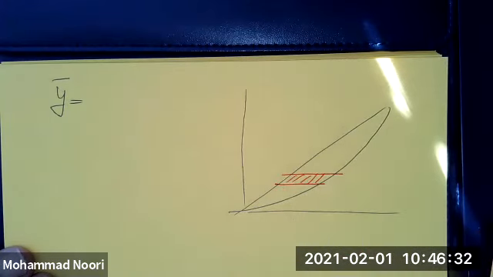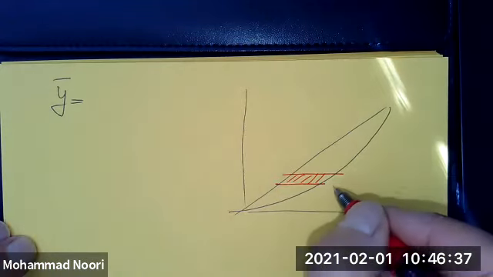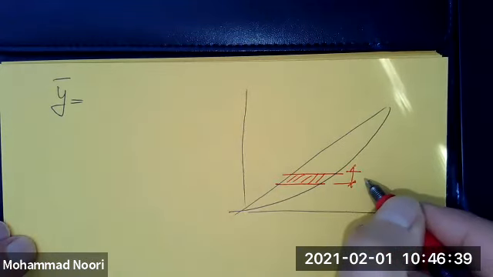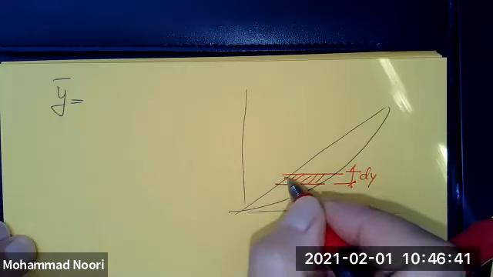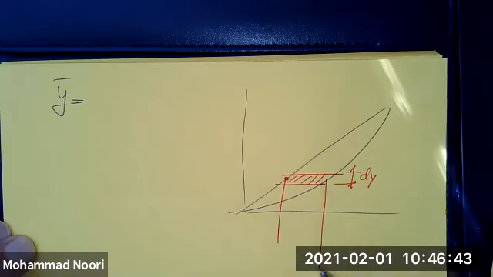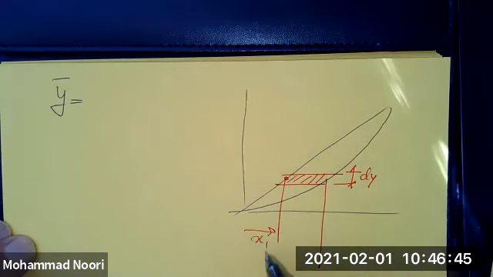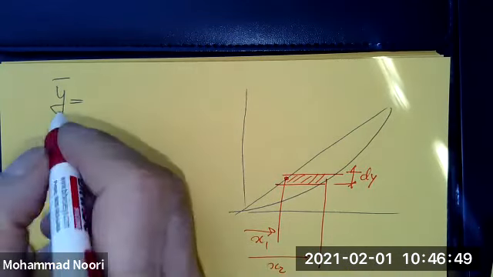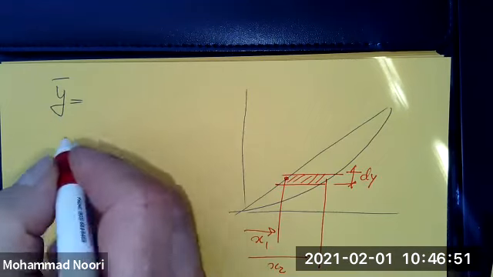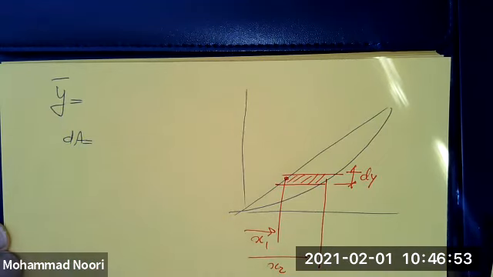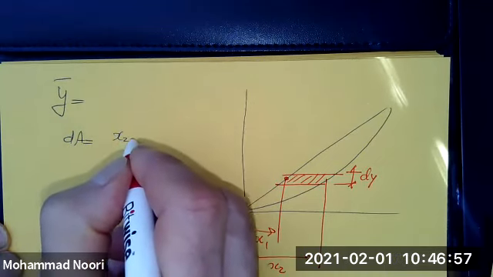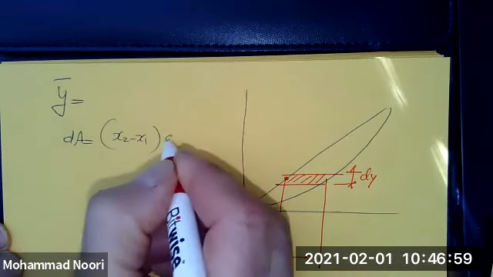Remember, for x, sides parallel to y; for y, sides parallel to x. So this is dy. So dA would be this x, I call that x1, this x2. So here you set up your dA, which will be now (x2 minus x1) dy.